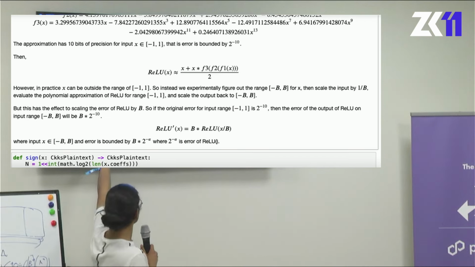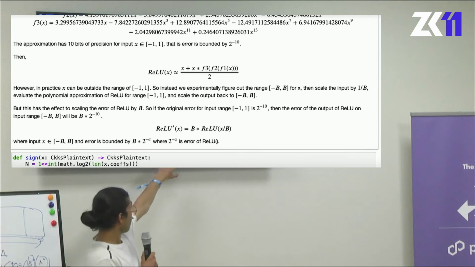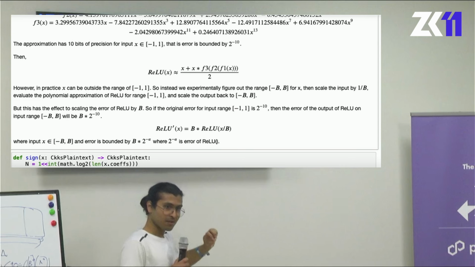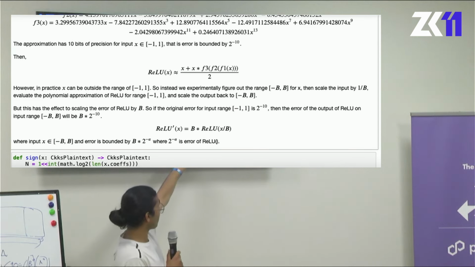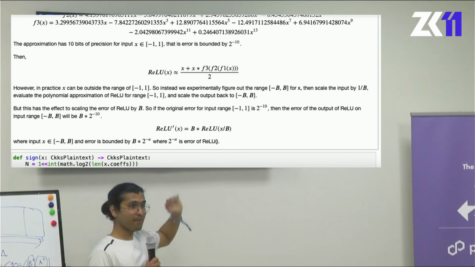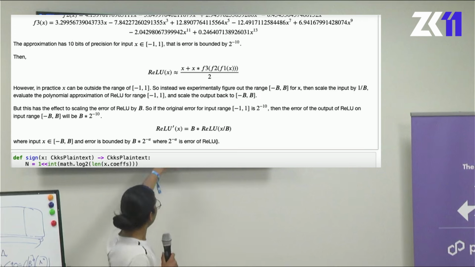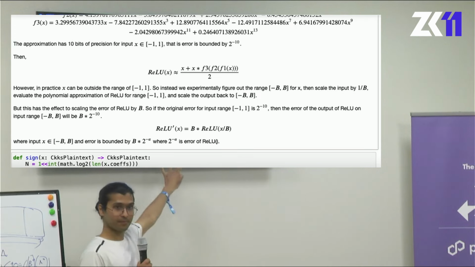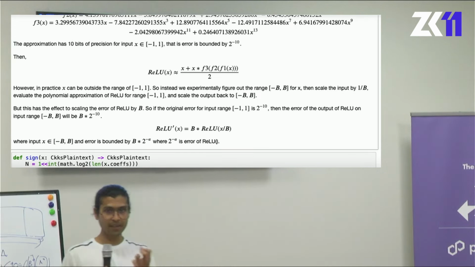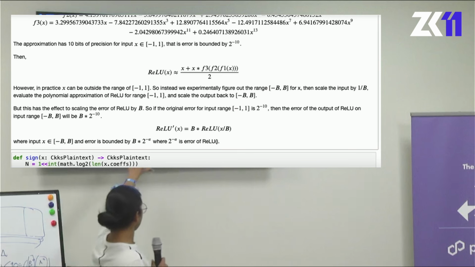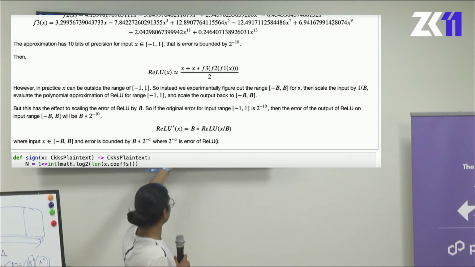Now we scale the input by b so that the input is in the range of -1 to 1, and then we scale it back. So we are able to get the input range in -1 to 1 and then scale it back.